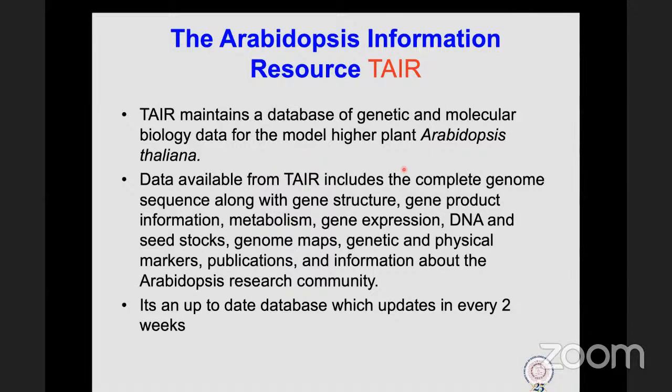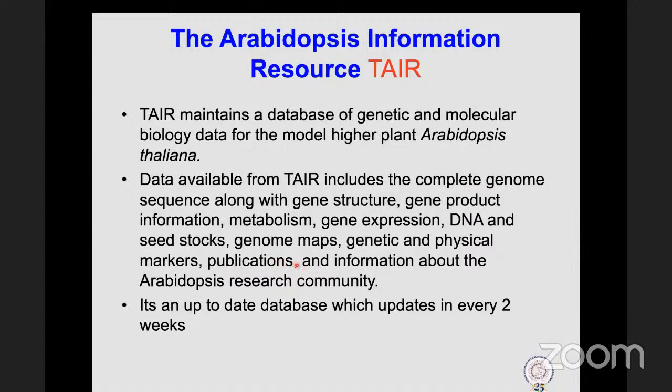It includes everything: the complete genome, its gene structure, what function the gene performs, in which metabolic pathway it is involved, and how the gene is expressed. Along with its physical and genetic map, you can see the marker positions. Plus, it contains the publications related to Arabidopsis also.